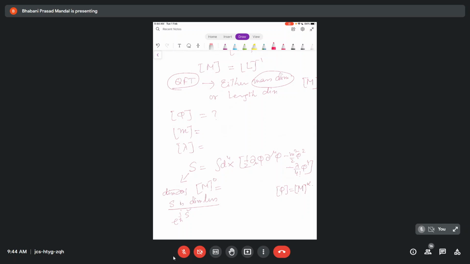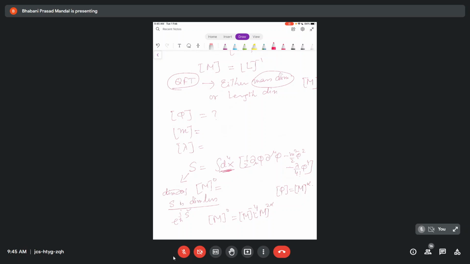Now matching, the left hand side is m^0. On the right hand side, what is the mass dimension of d^4x? M to the power minus 4. Then I have phi, two phi, so m^(2 alpha).